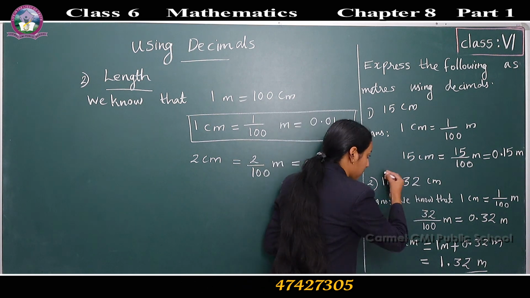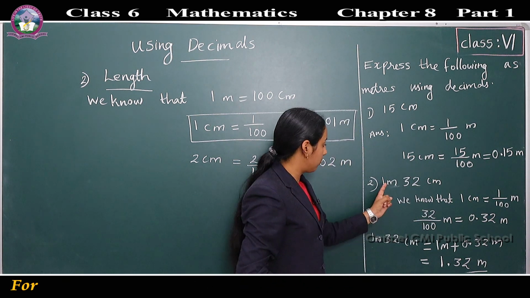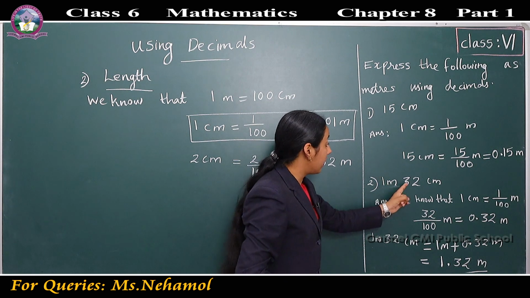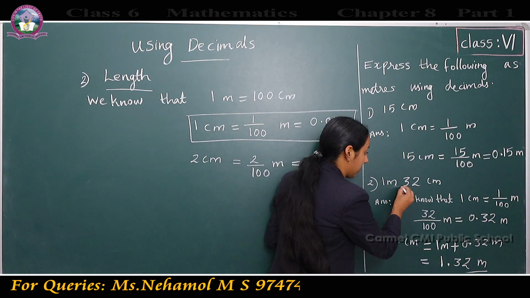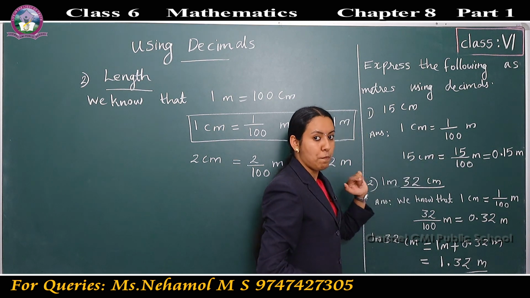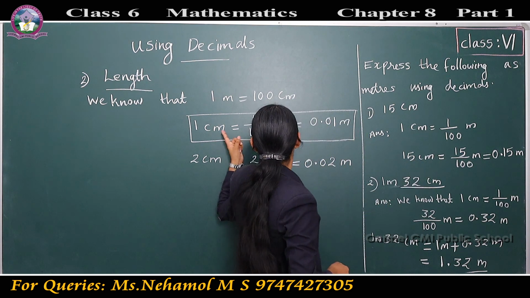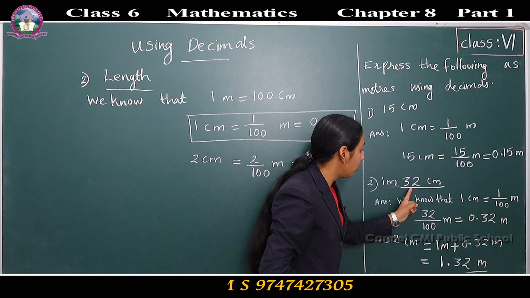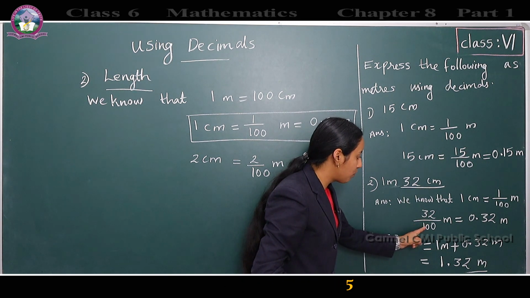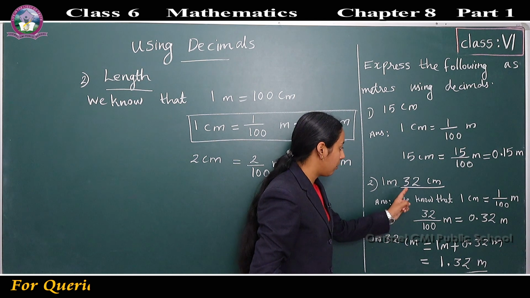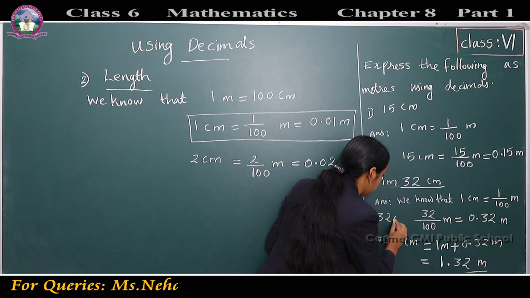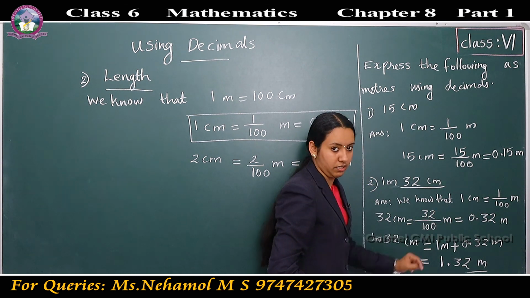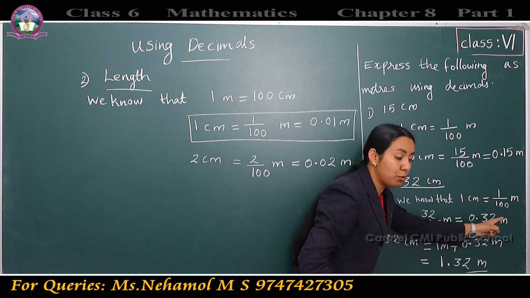Next one, 1 meter 32 centimeter. We have to convert this fully to meters. First is meter, there is 1 meter, so no need to change it. Next, we have to convert this 32 centimeter into meter. 1 centimeter is equal to 1 by 100 meter. So 32 centimeter will be equal to 32 by 100 meters, which is equal to 0.32 meter.